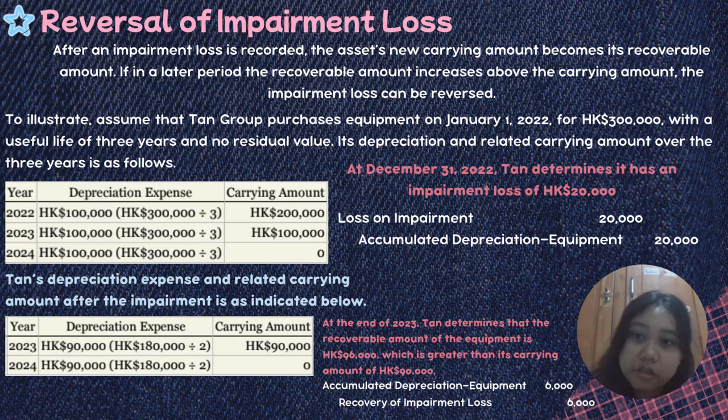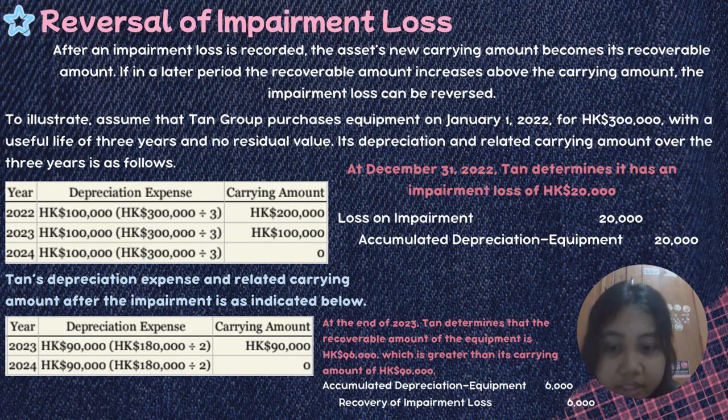To illustrate this reversal, assume that Tan Group purchased equipment on January 1st, 2022 for $300,000 with a useful life of 3 years and no residual value. Its depreciation and related carrying amount over the 3 years is as follows.